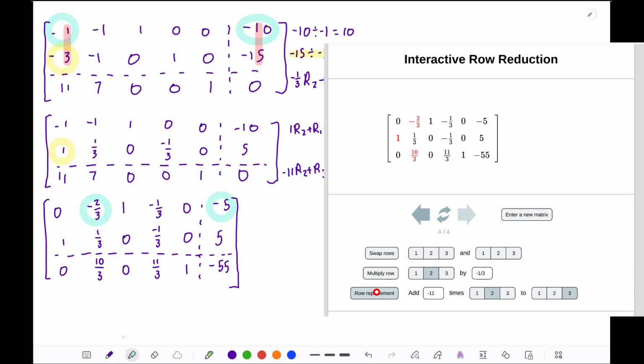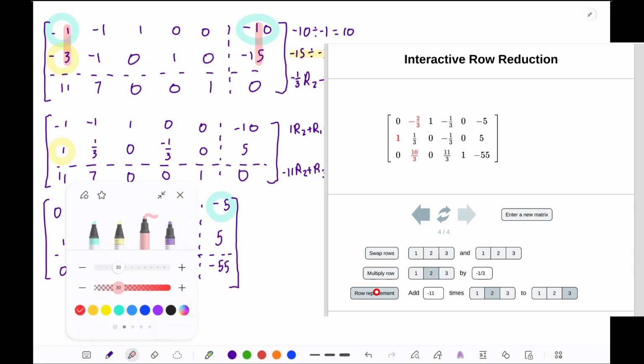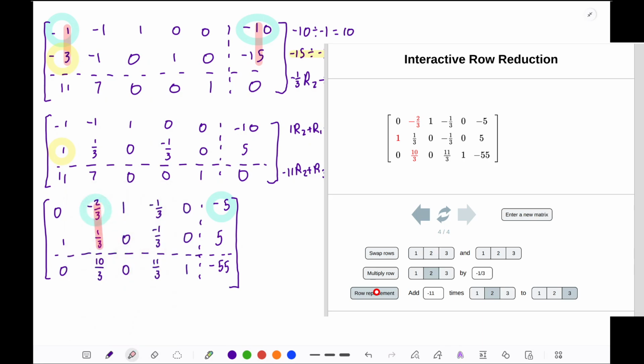Okay. And now I need to do the quotients of this and this. So we get negative 5 divided by negative 2/3, which is 7.5. And we get 5 divided by 1/3, which is 15.